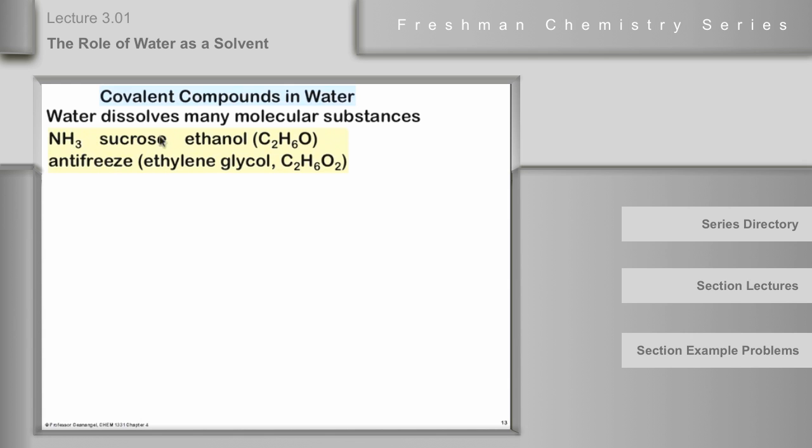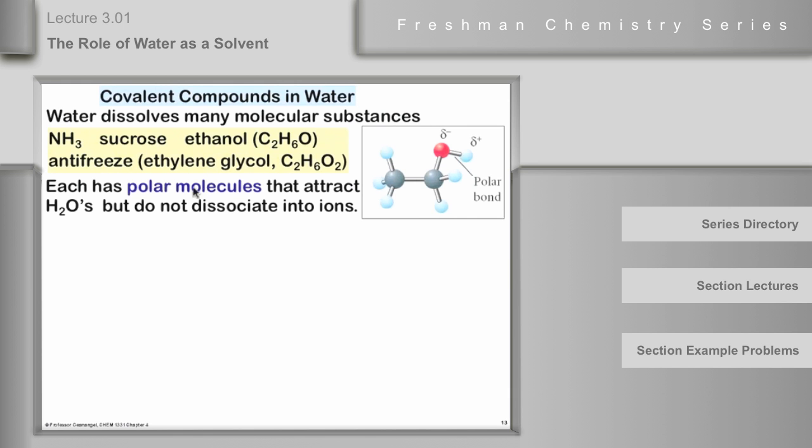Ammonia is one, sucrose is sugar, ethanol, antifreeze for your car's radiator. Each of these molecules has one or more polar parts to it. This happens to be ethyl alcohol, CH3, CH2, OH. That is a polar bond right there, and it interacts strongly with the water molecule, and this allows the water molecule to disperse the ethanol molecules and form a homogeneous solution.